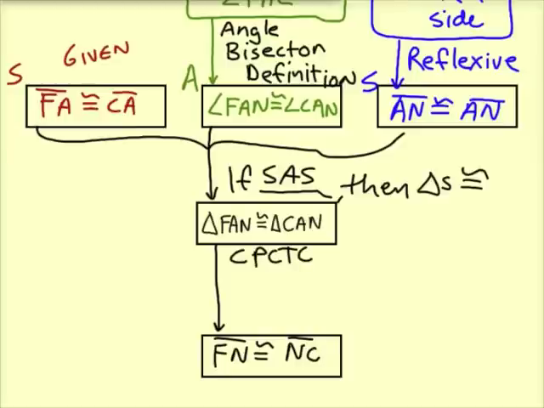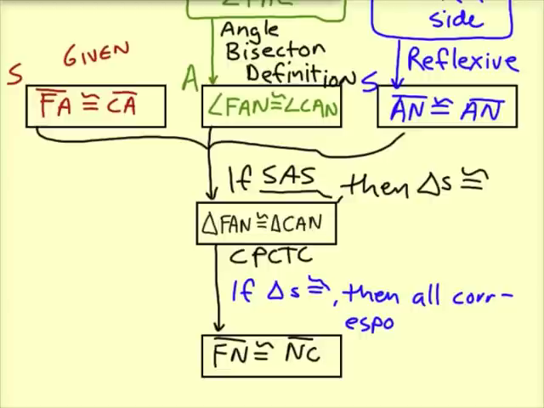Or if you'd rather, the CPCTC is a conditional statement: if the triangles are congruent, then all the corresponding parts are congruent. So the blue statement is a little bit longer. That's why we can use the CPCTC as an abbreviation of that statement.